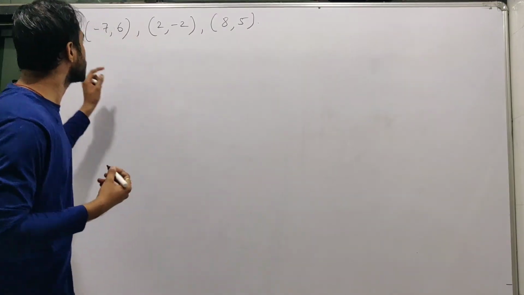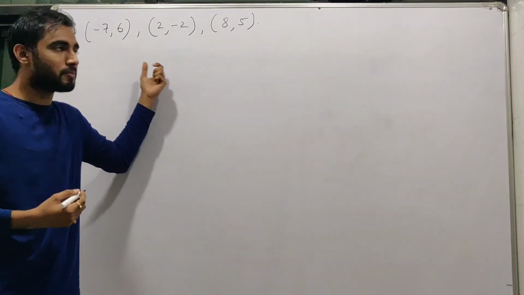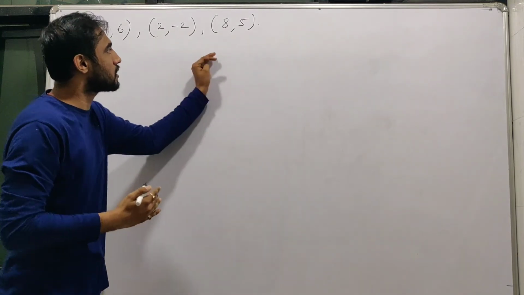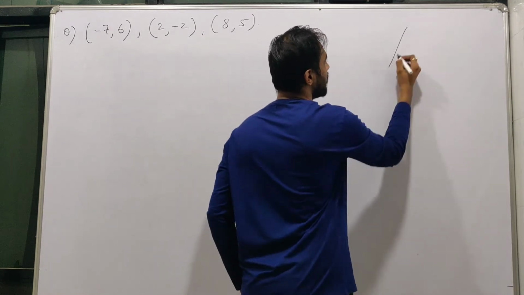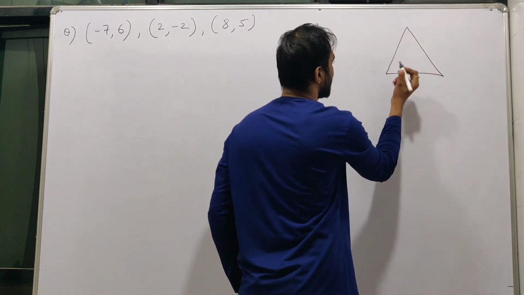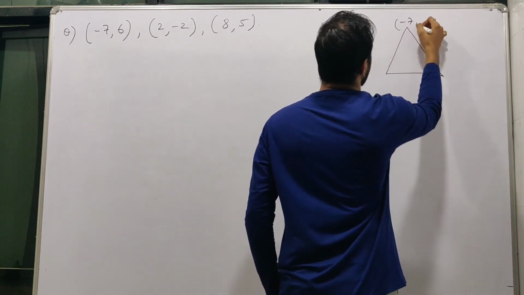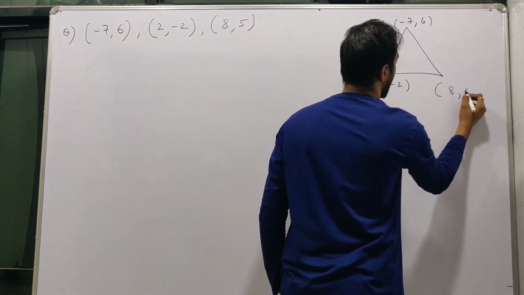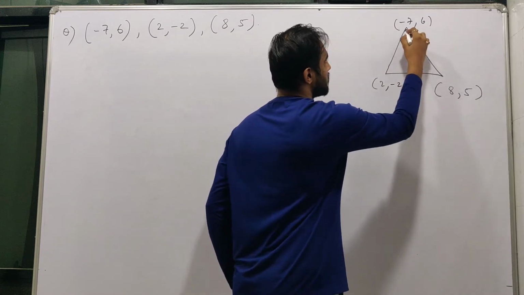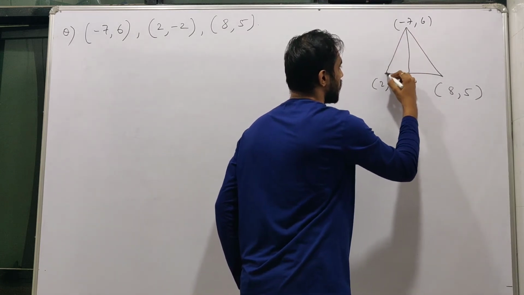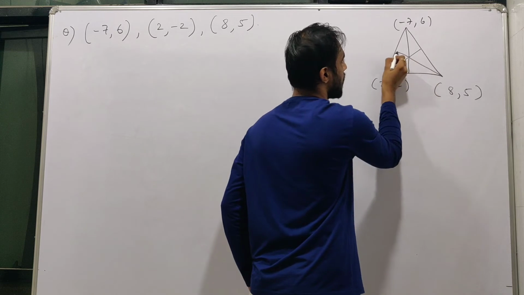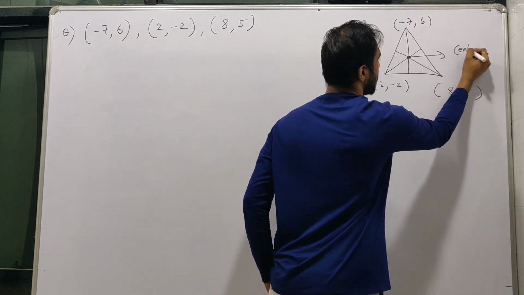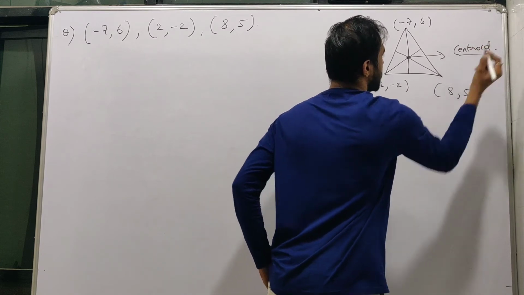And our last numerical for the day is about the centroid formula. For the centroid formula, 3 points will be given. If you want to look at it in a diagram, for a given triangle we have 3 coordinates, and with these 3 coordinates, this point here is called the centroid.